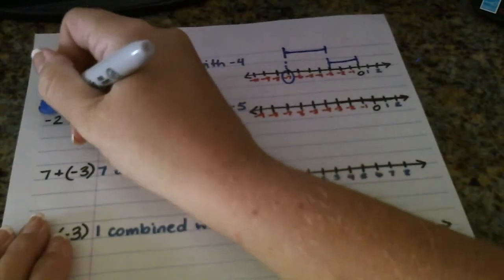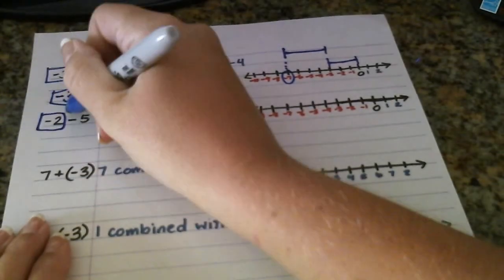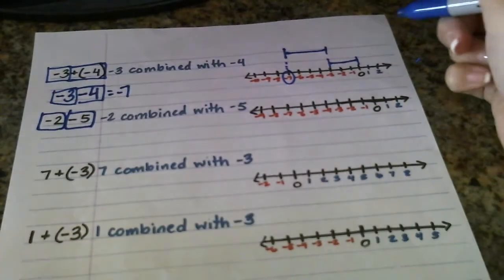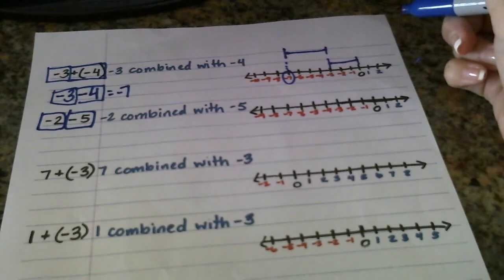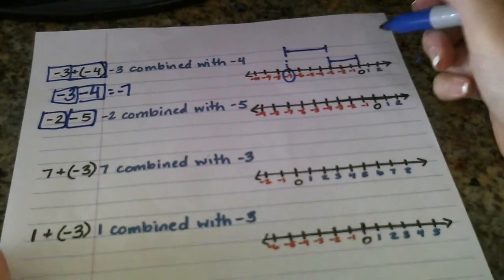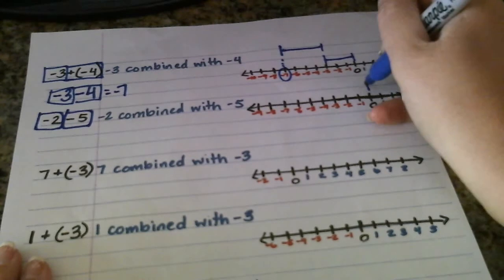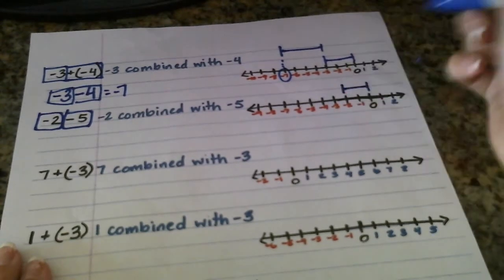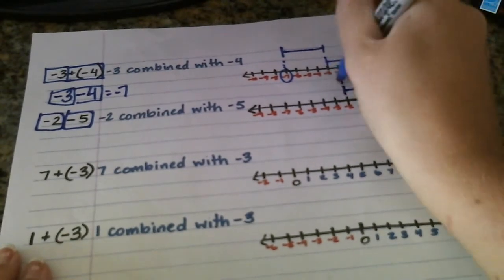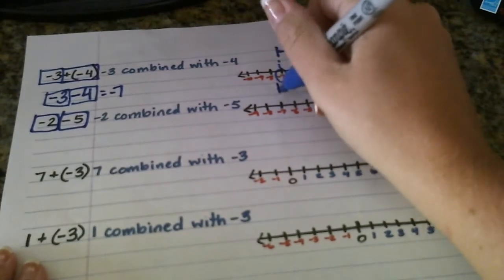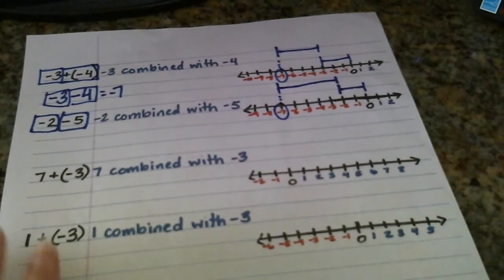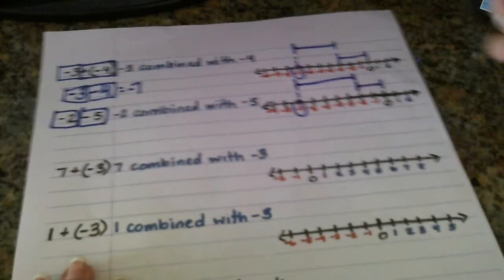Next problem, box out the number with the sign in front. This problem states negative 2 combined with a negative 5. So from 0, move left 2 and then left another 5, which takes me to a negative 7.